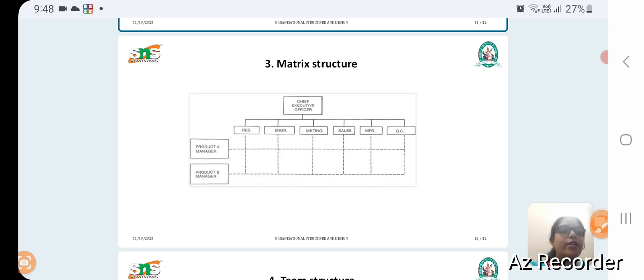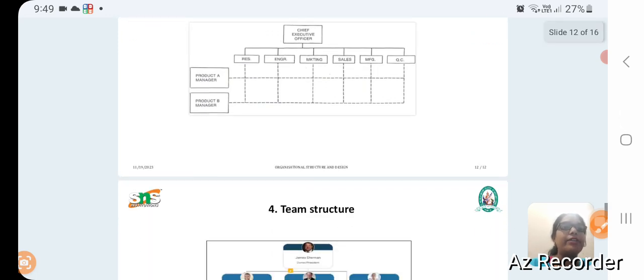Here you can see product manager A and product manager B. He is supposed to report to all the heads in engineering, marketing, sales, manufacturing, quality control, and also to the chief executive officer. They do not follow one authority or one line of command, but they have to report to a different set of leaders. That is matrix structure.